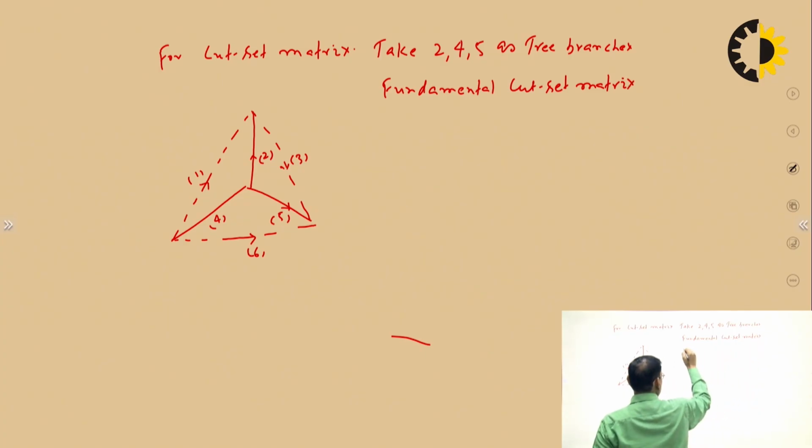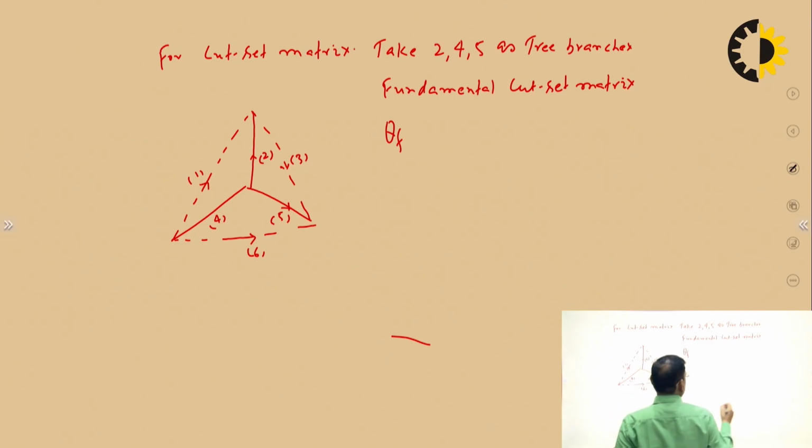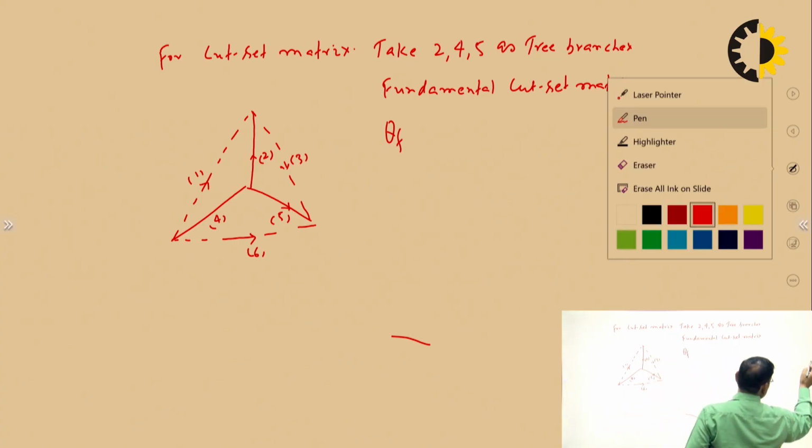This is denoted by QF. So how many cut sets are there? The number of cut sets is equal to the number of twigs. So how many fundamental cut sets?